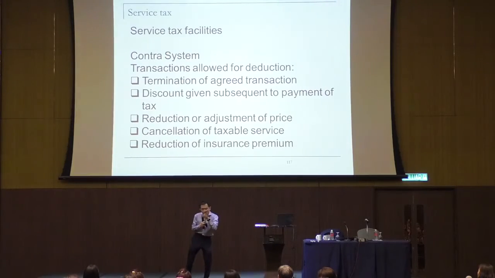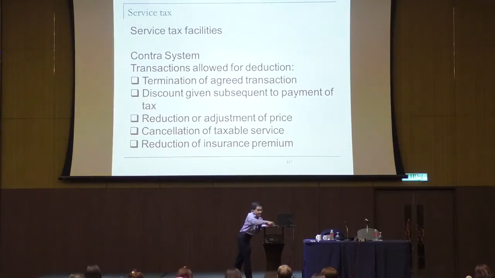Let's say in the service tax return for the month of May, there is a service tax payable. You just minus 30 ringgit from the service tax payable. That's what you call contra system. This is a facility provided in the Service Tax Act. You can set off the service tax you have refunded to your customer in the service tax return itself.